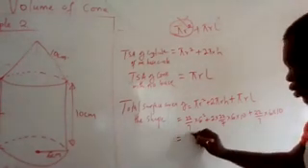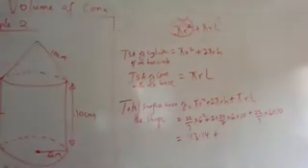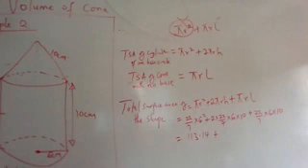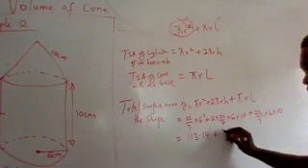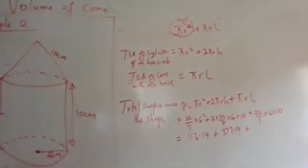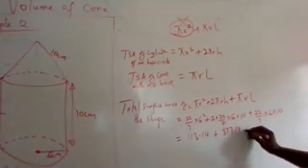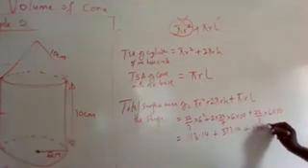Okay, so this is 113.14 plus 377.14 plus 188.57.